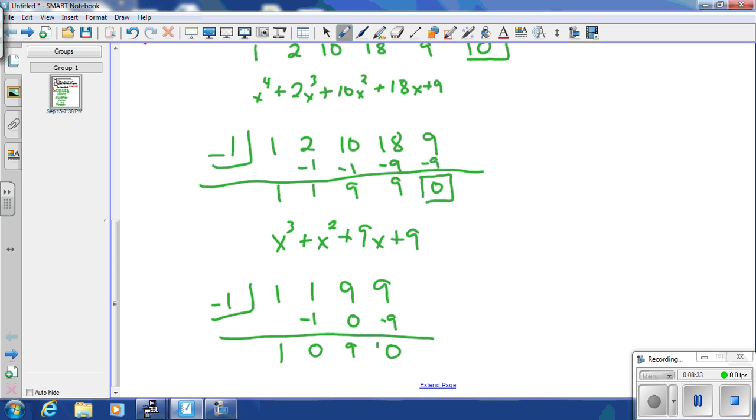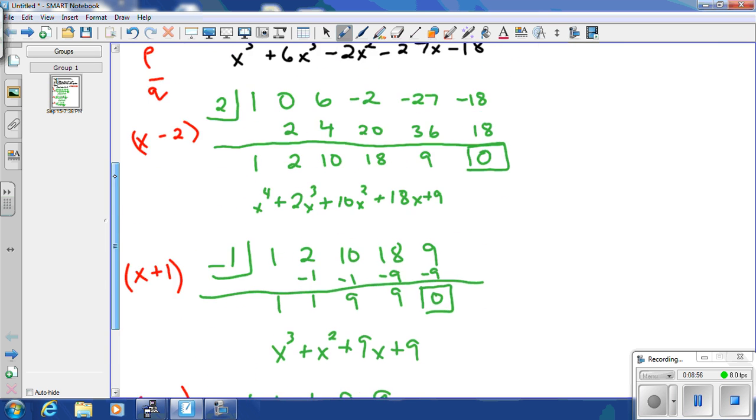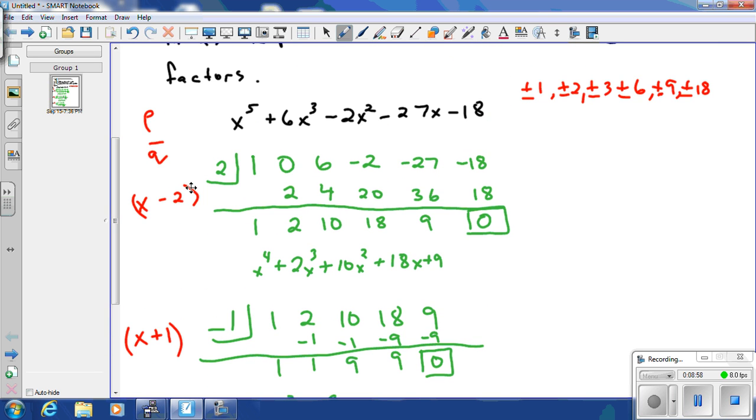And we get our 0 remainder. So I've got two factors here that I've demonstrated. Both of them are x plus 1, because remember, it's x minus a -1, so it's x plus 1. Up here, it was x minus this number of 2.